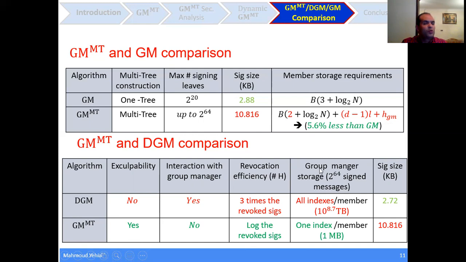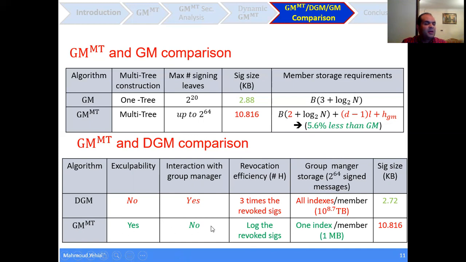And for the group manager storage requirement, the DGM group manager needs to store all the indices assigned for all members. Thus, for reasonable parameters, the group manager in DGM requires 10^8.7 terabytes.